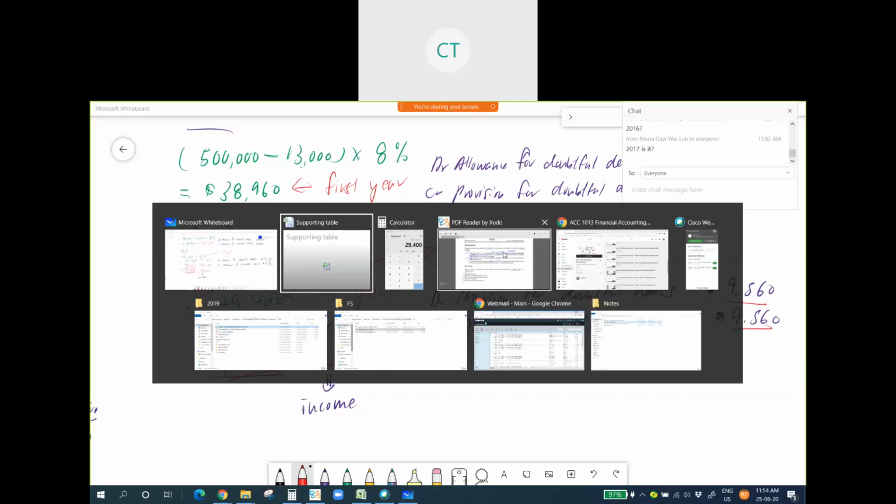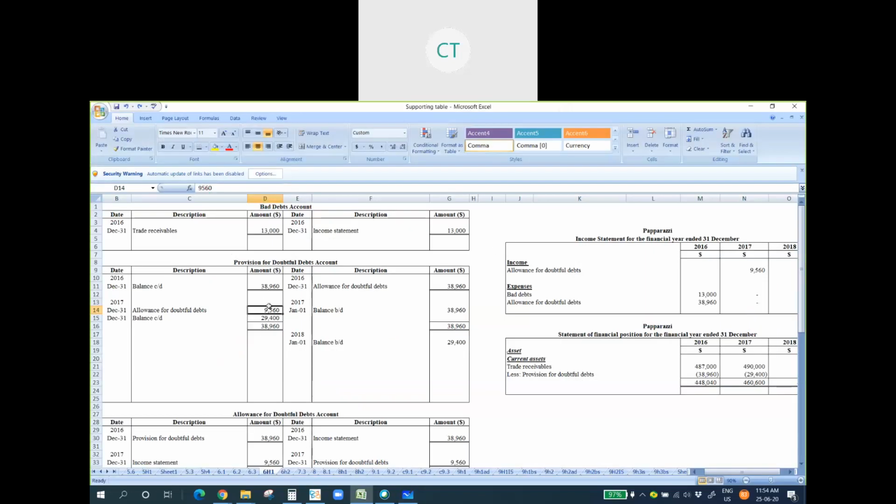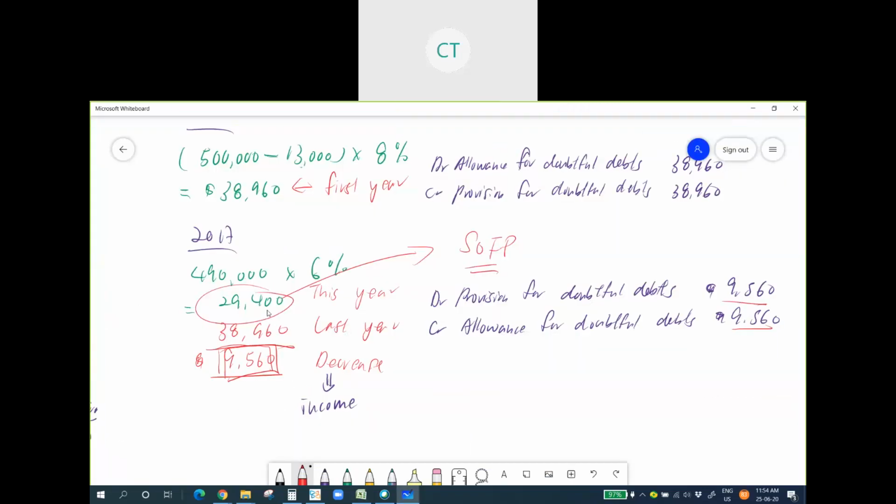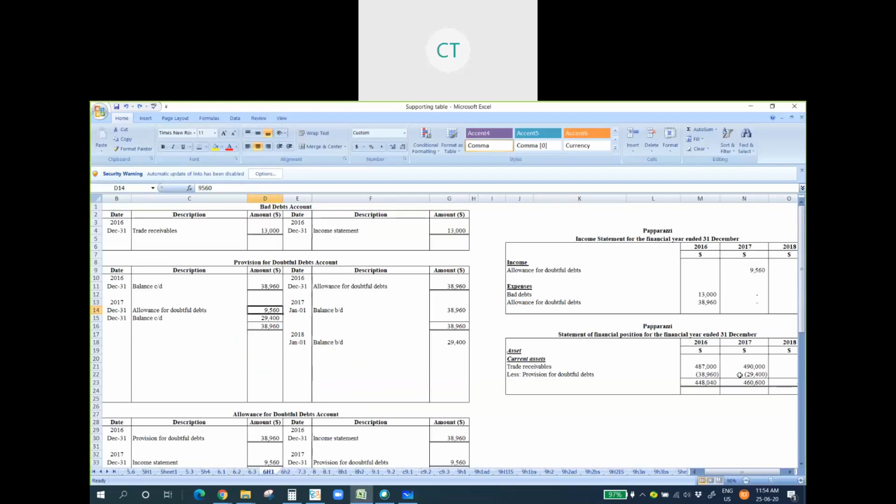That's why in your ledger, we only record the difference. So our balance CD will be the amount as per formula. Take note, when you calculate the formula, this amount must appear in your SOFP, 29400. So it's this.